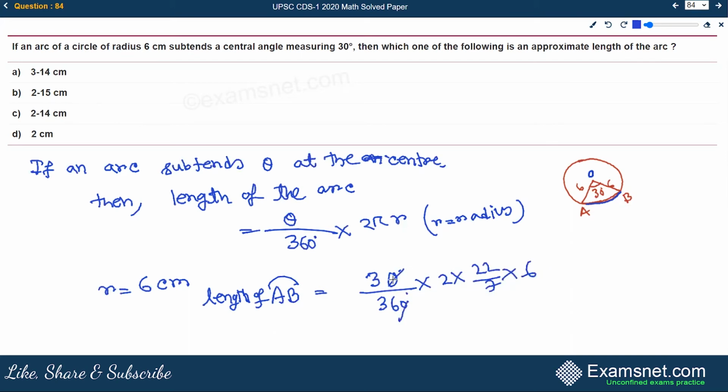Okay, let's solve this question now. So here the length we got is 22/7. In decimal we can write it as approximately 3.14 centimeters. In the options here, option E is the correct answer, 3.14 centimeters. That is the length of the arc.